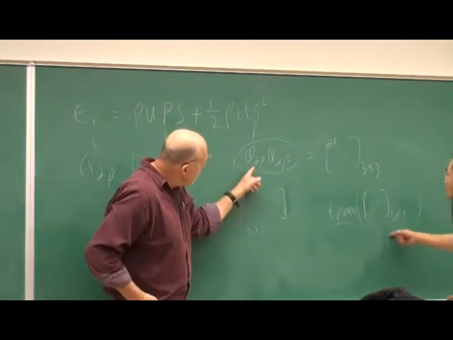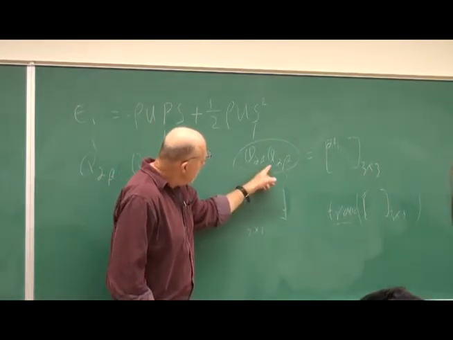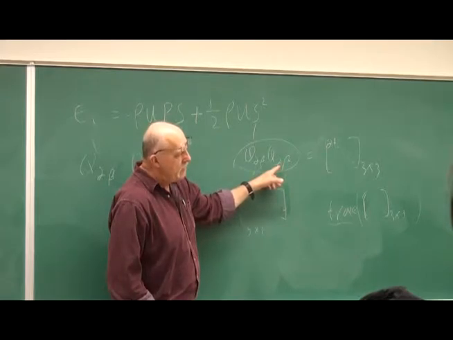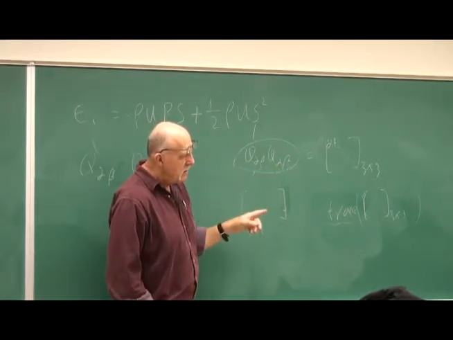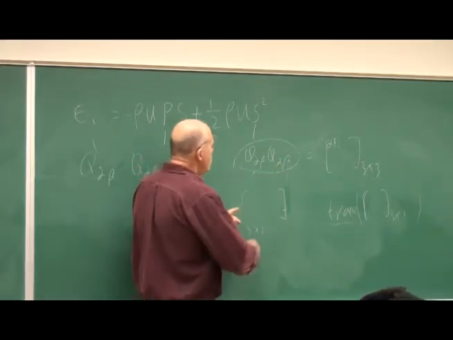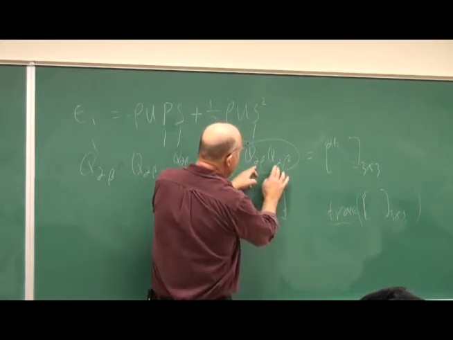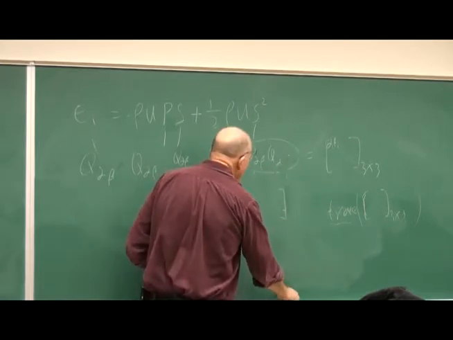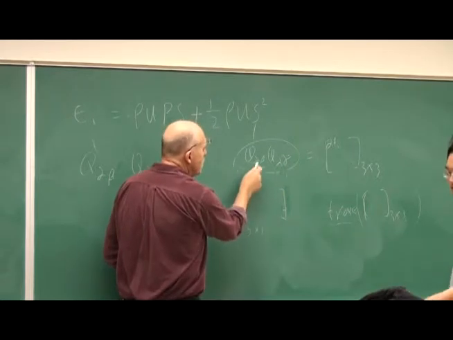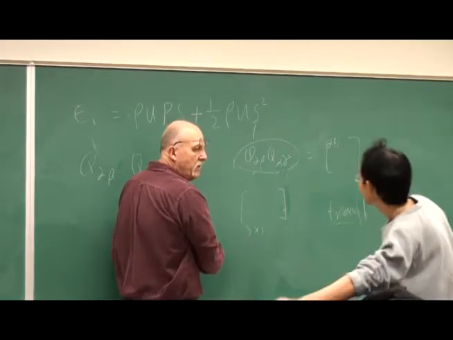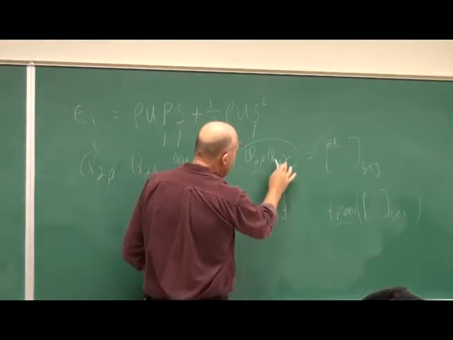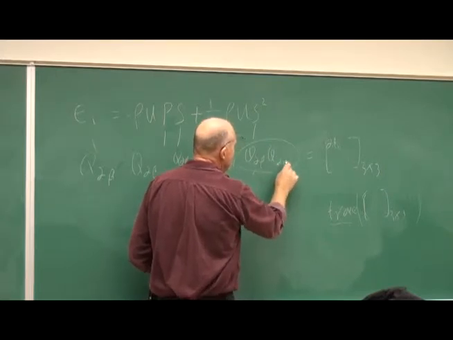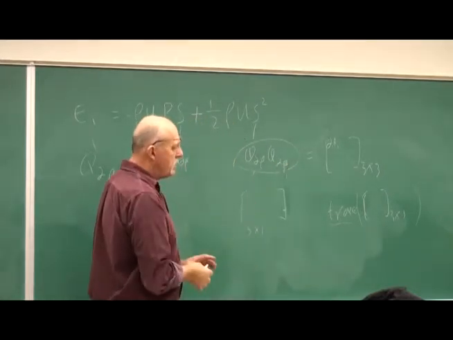So what these subscripts are tells you exactly what happens. Having these alphas the same, if this were a gamma, this would mean you multiply the two matrices together. And then making the gamma equal to beta means you take the trace of the product.